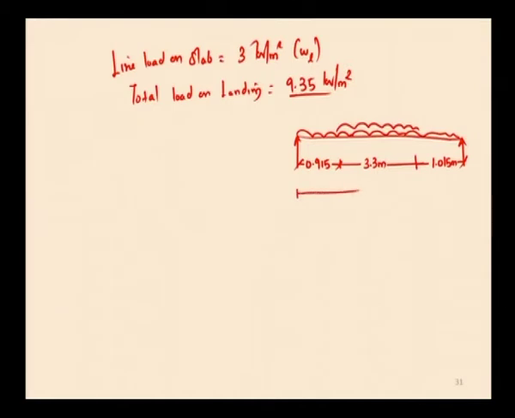So, totally it is 5.230 meter. So, it is 12.27 and this one is 9.35 and this one is 9.35. Now, we need to calculate the maximum bending moment on this slab.